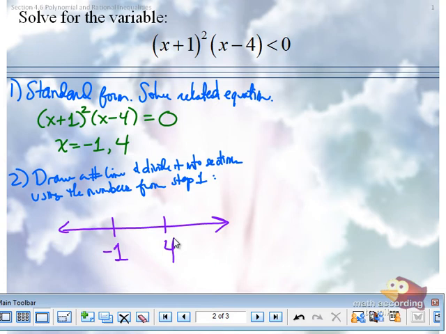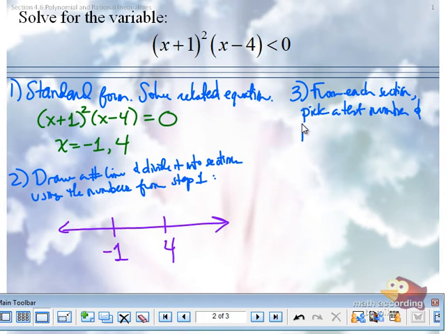So step 3, from each section, pick a test number and determine its sign.